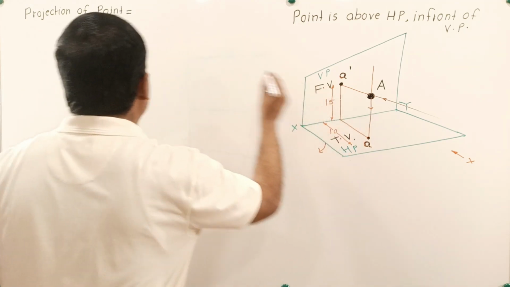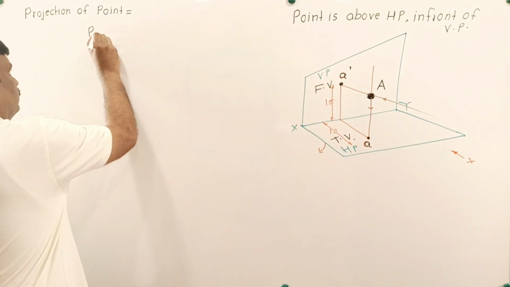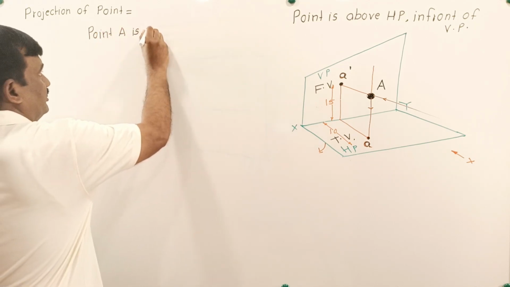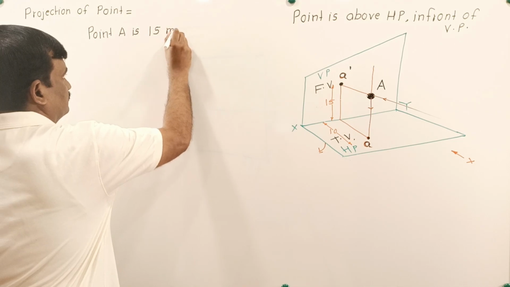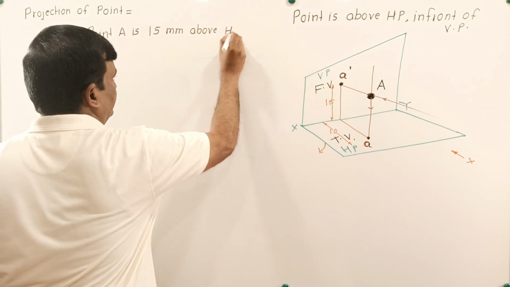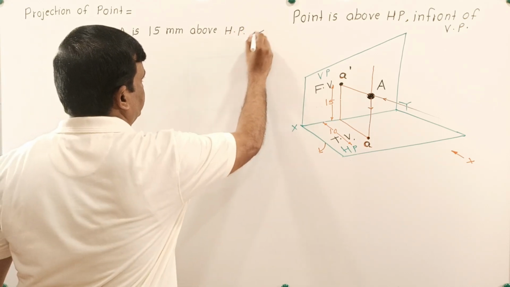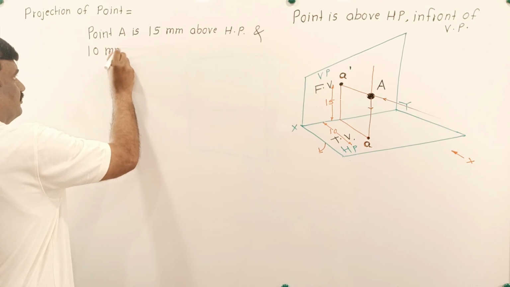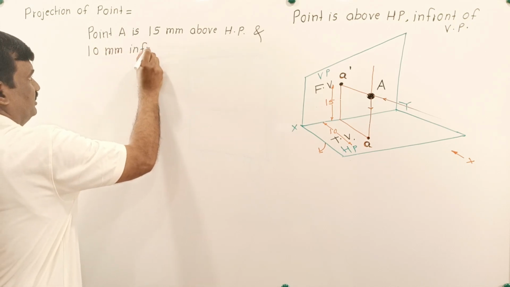What is the problem? Point A is 15 mm above HP and 10 mm in front of VP.